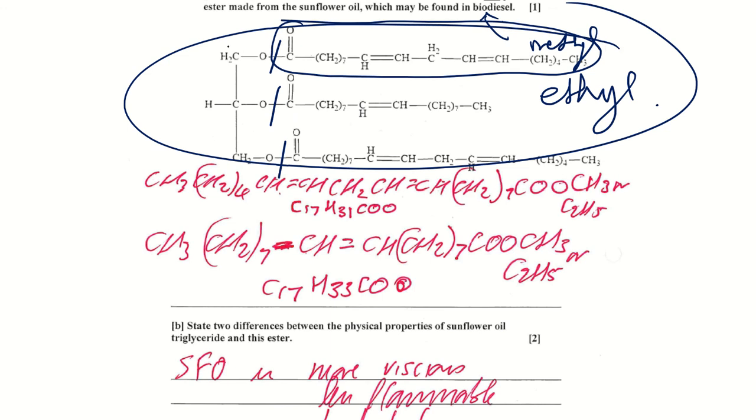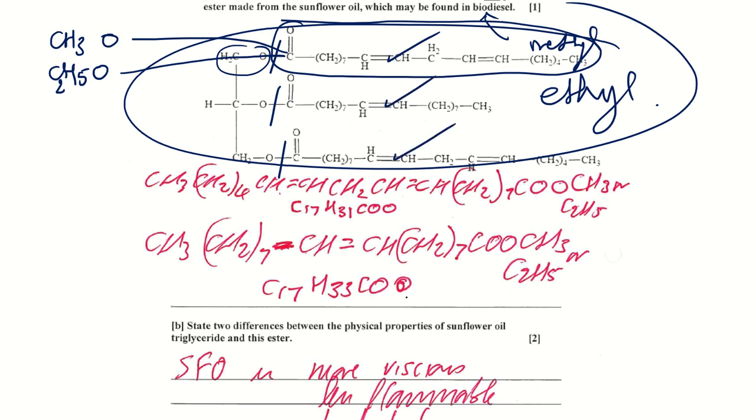Instead of having this group here on it, we then had to convert it to an O with a CH3, that would be the methyl ester, or with an ethyl group as so. Either of those would have given you the methyl or ethyl ester of sunflower oil. And you can use either that fatty acid chain, or that fatty acid chain. It didn't matter. And you could condense them down to C17H33, or you could have just drawn them out as they were in the diagram.